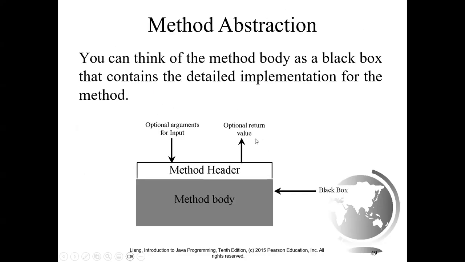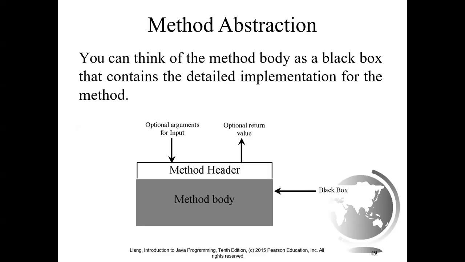All right, here is the method abstraction, like we just introduced in the beginning of the course, that a problem may ask you to sum a certain range of integers, like from 1 to 10, 20 to 25, or 30 to 50.